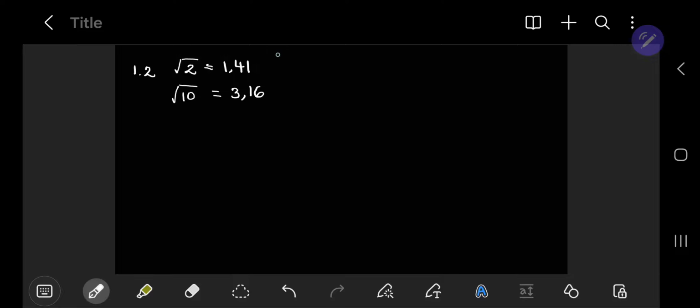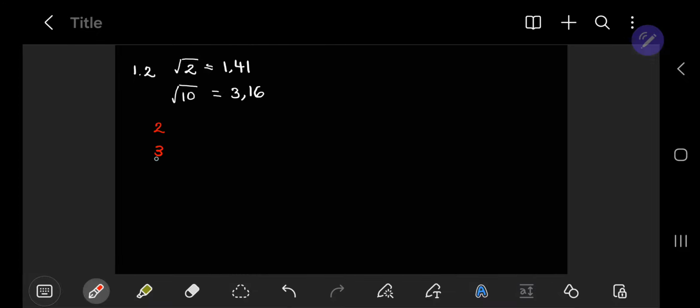Because if you think about the number line and where these values are situated, the whole numbers that we would have in between 1.41 and 3.16 would be 2 and 3. And 2 and 3 are rational numbers because they can be written as a fraction. Remember, 2 is actually 2 over 1, and 3 is 3 over 1. So all whole numbers, all natural numbers are actually rational. We just don't show the 1 in the denominator.